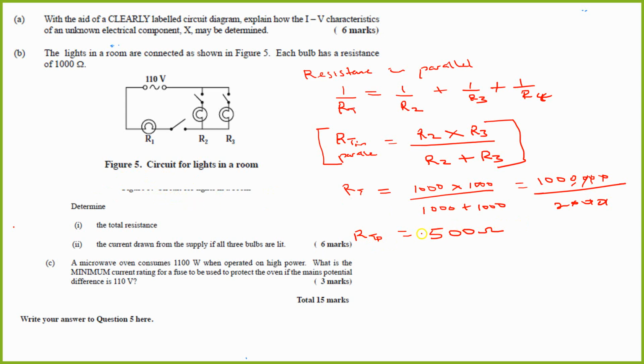So normally, this is what we would do. We would redraw the circuit. And now, let's just draw a resistor instead. So we're going to put a resistor right here.